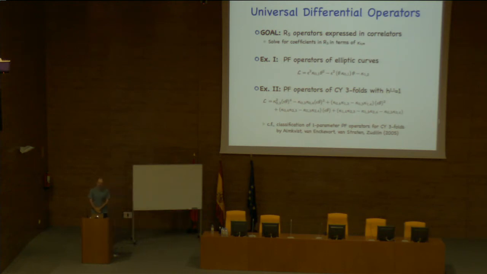A simple example is, if the class of geometries you want to consider are Calabi-Yau folds, namely elliptic curves, and you want the Picard-Fuchs operator, the only thing you have to do is compute the kappa 0,1 and kappa 1,2 correlators, and then you can always write down the corresponding Picard-Fuchs operators.